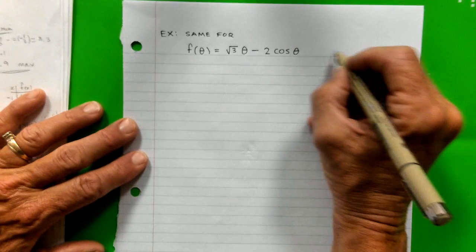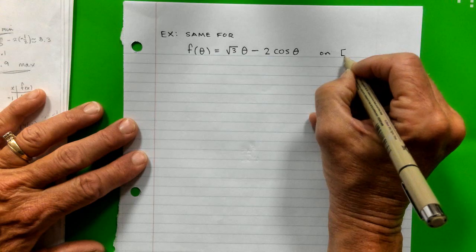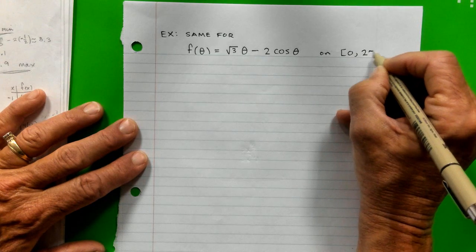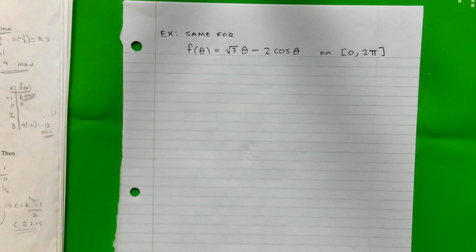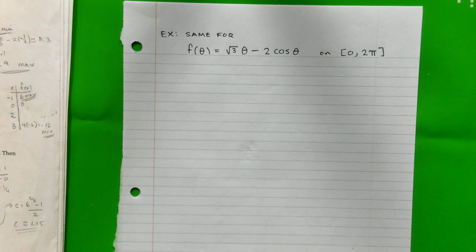And let's keep our interest on the interval from 0 to 2 pi. So again, I believe there are going to be 2 critical numbers. Let's see if you can find them. 2 critical numbers within the interval.